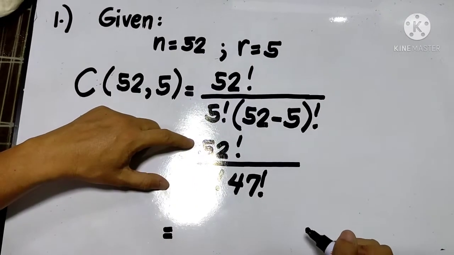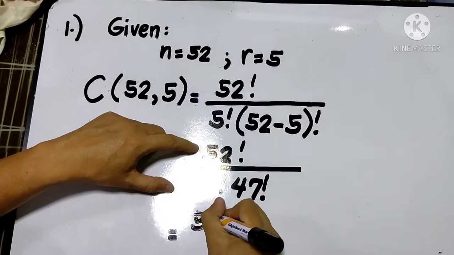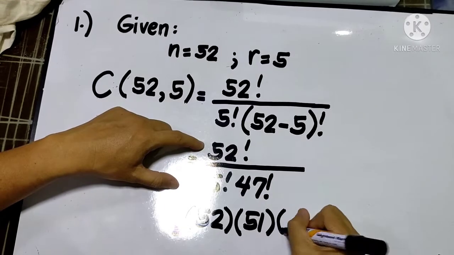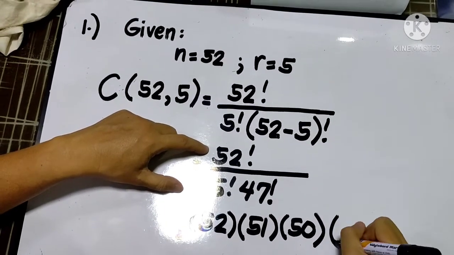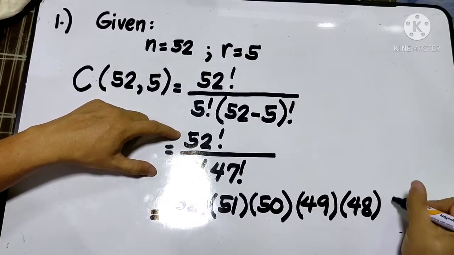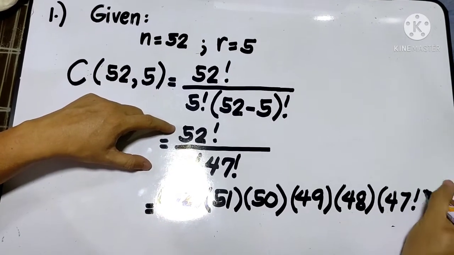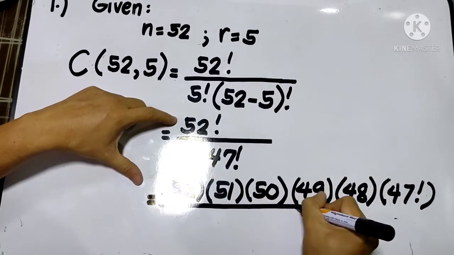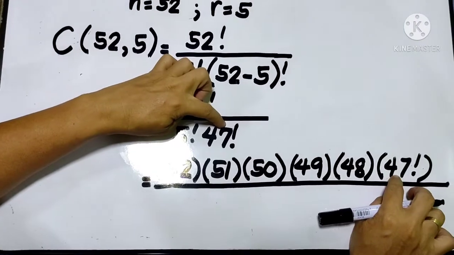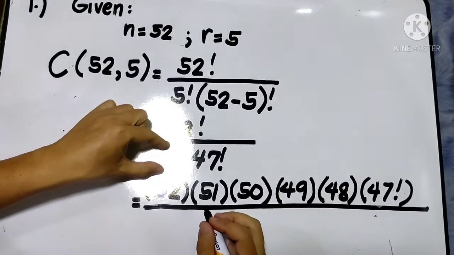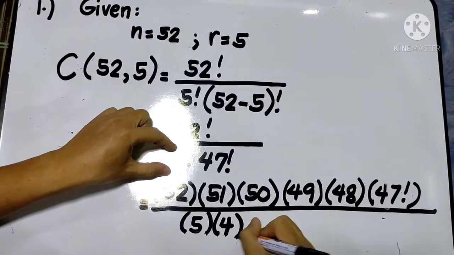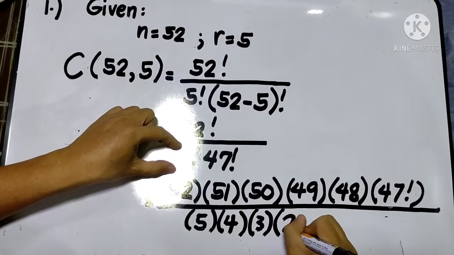Start with 52 factorial. This is equivalent to 52 times 51 times 50 times 49 times 48 times 47 factorial. I stopped at 47 factorial because I have 47 factorial in the denominator. So 5 factorial will be expressed as 5 times 4 times 3 times 2.